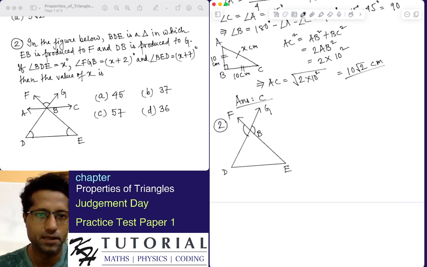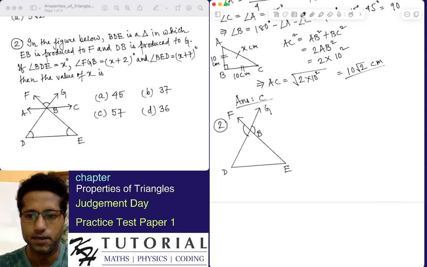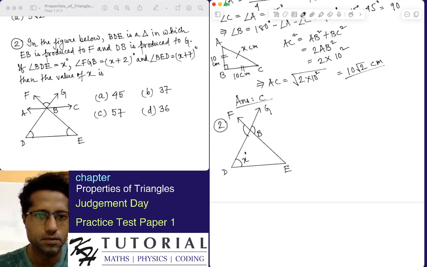What else? If BDE is x degree, this angle is given to be x degree. It is an unknown. Angle FGB, sorry, it should be FBG. In the problem, it is given angle FGB, but it should be FBG.